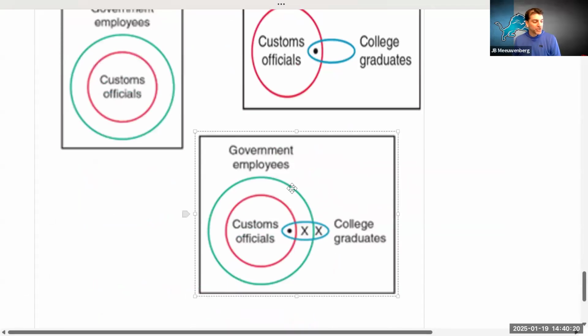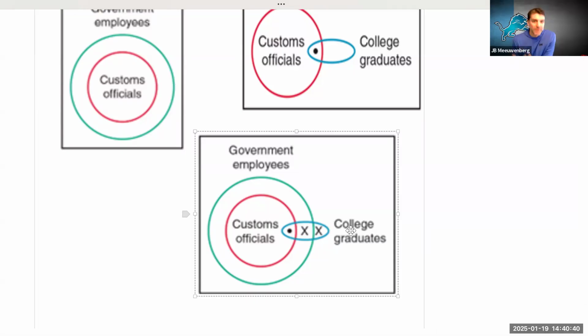Our government employees circle is out there. Our customs officials is a subset. But then we have this blue circle here of college graduates. There's a dot inside the customs officials. But notice how I've got X's there. What do those X's mean? It means that there may be elements there.